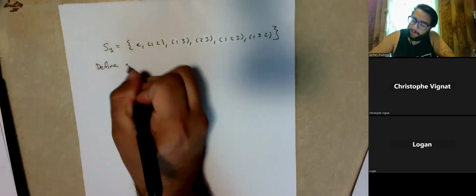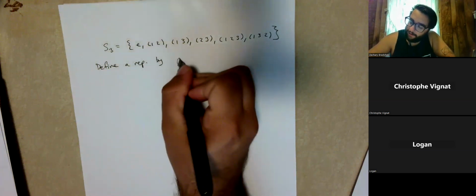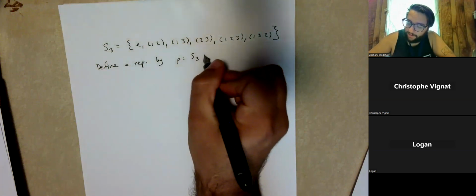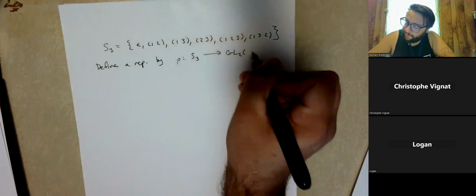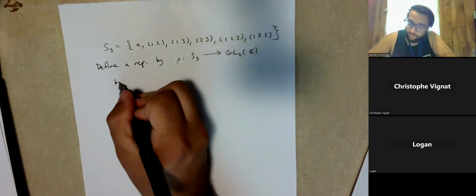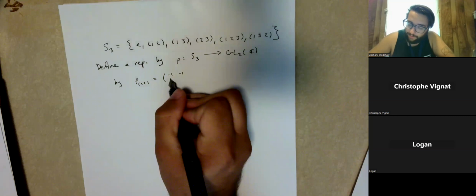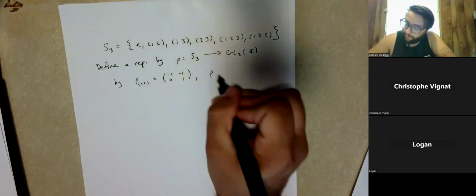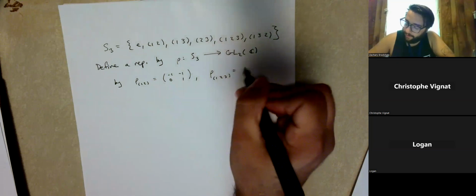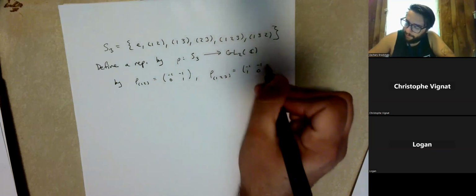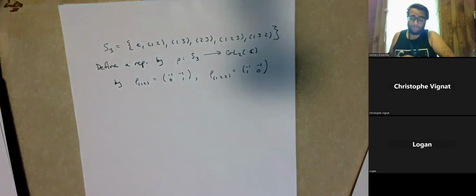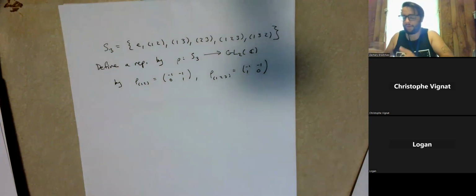Define a representation rho from S3 to GL2 of C, and we'll define it by rho of (1 2) is [[-1, -1], [0, 1]], and rho of (1 2 3) is [[-1, -1], [1, 0]]. So since the swap (1 2) and the (1 2 3) permutation generate S3, this actually defines the entire representation.